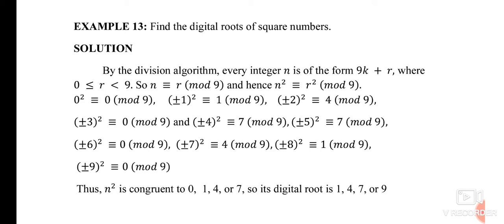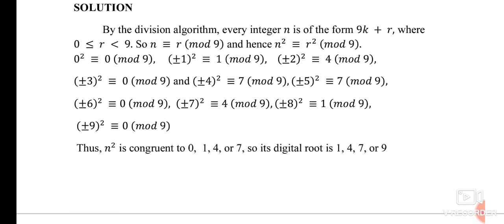Here are the possible values of r: 0, 1, 2, up to 8. First, 0 squared is 0, so 0 squared is congruent to 0 modulo 9. Next, plus or minus 1 squared is congruent to 1 modulo 9. Plus or minus 2 squared is 4, congruent to 4 modulo 9. Plus or minus 3 squared is 9, congruent to 0 modulo 9. Plus or minus 4 squared is 16, congruent to 7 modulo 9.